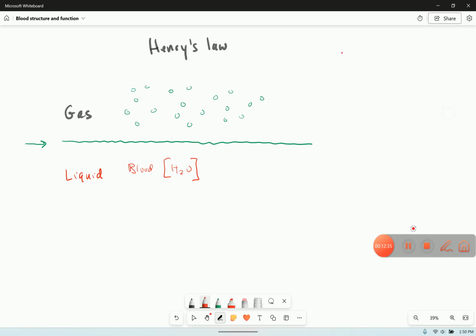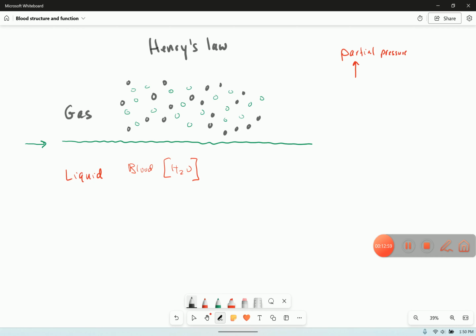Okay, earlier we mentioned a partial pressure. So what is really meant by partial? Well, we have green circles, and now we're going to do black circles here. And what these circles represent are the gases.